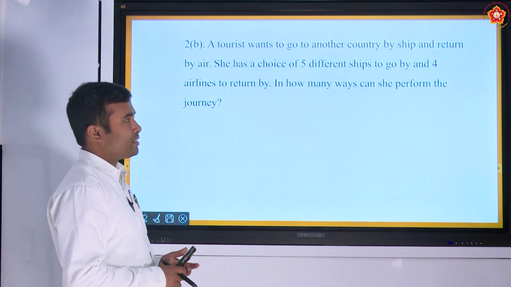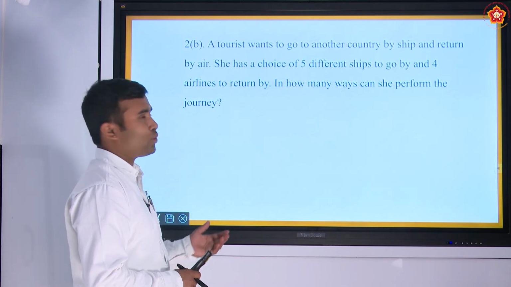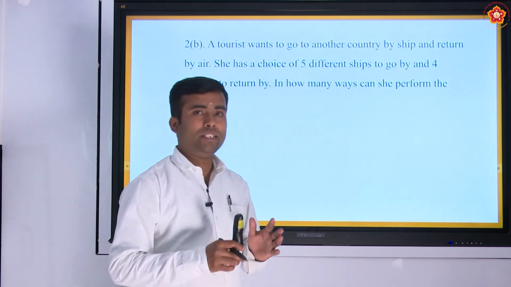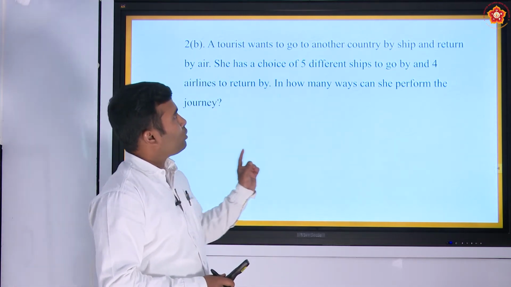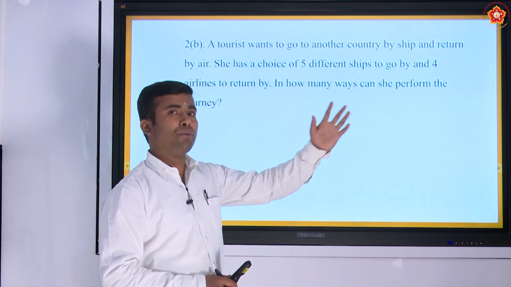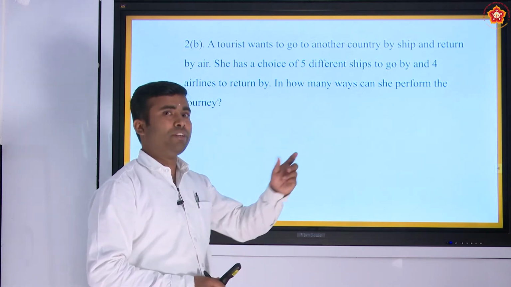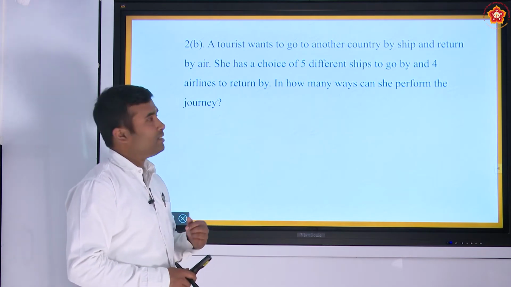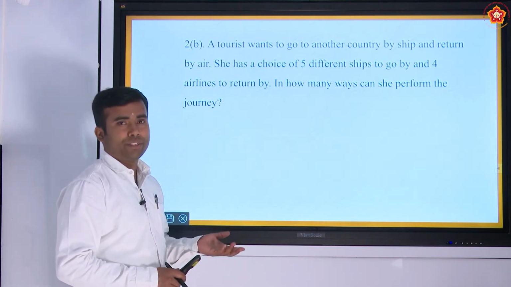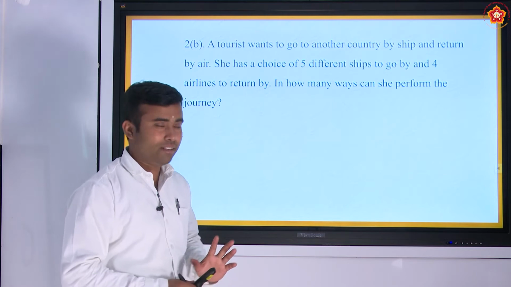In how many ways can she perform the journey? Here the question is very clear. She can go by 5 different ways by ship, and while returning she has 4 choices by airline.